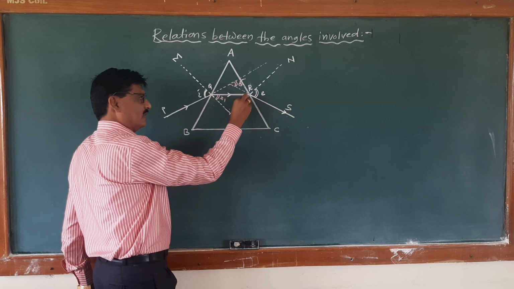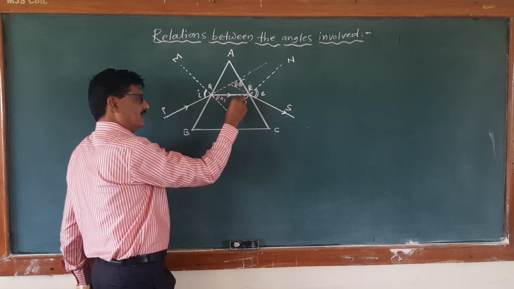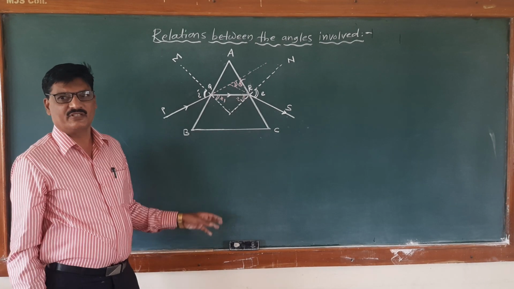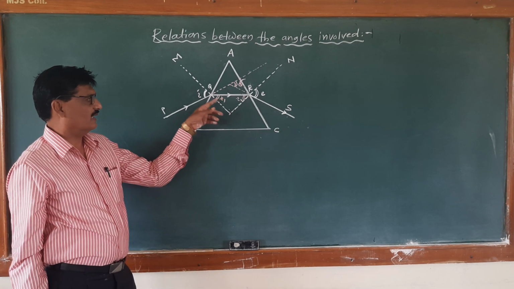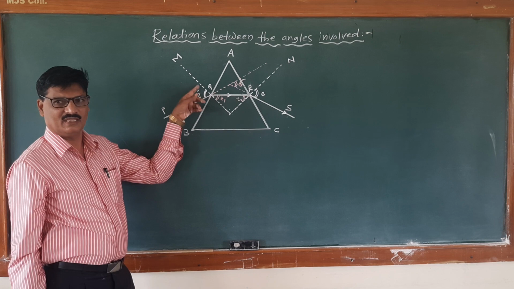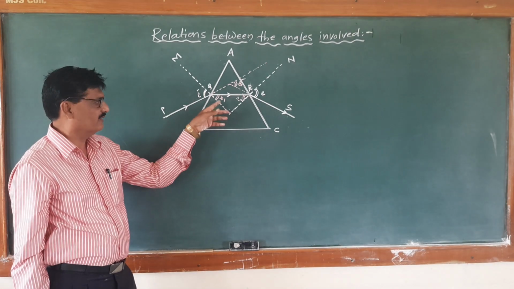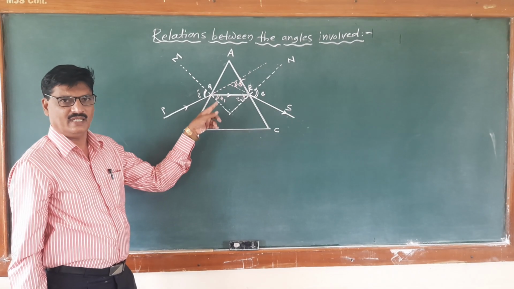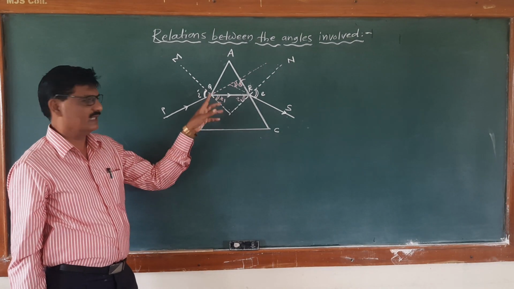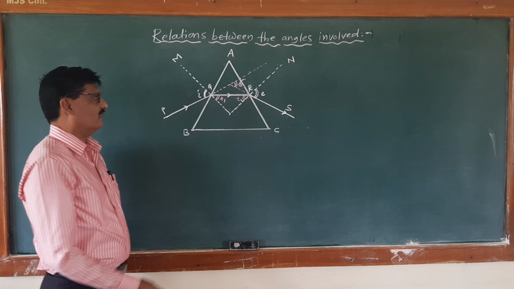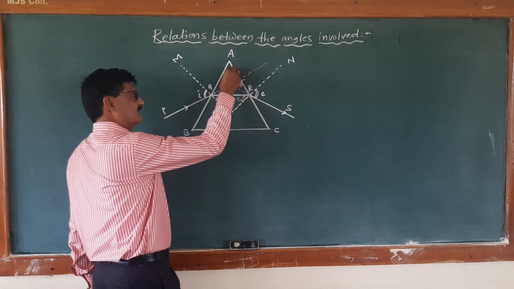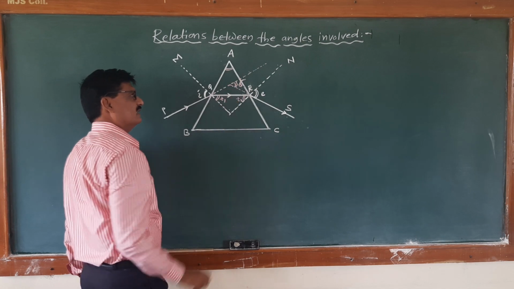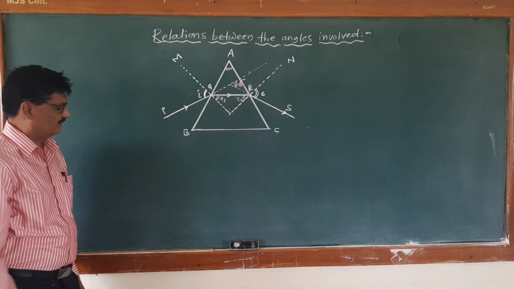I call this R1, and another angle is called R2. Then what is meant by angle of refraction? The angle produced by the refracted ray with the normal is called the angle of refraction. And this capital A is called the refracting angle.